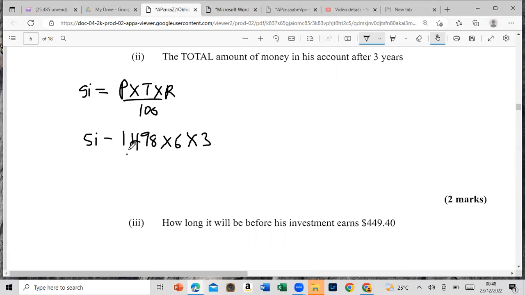We're going to calculate the simple interest first, and then add it to the original investment.